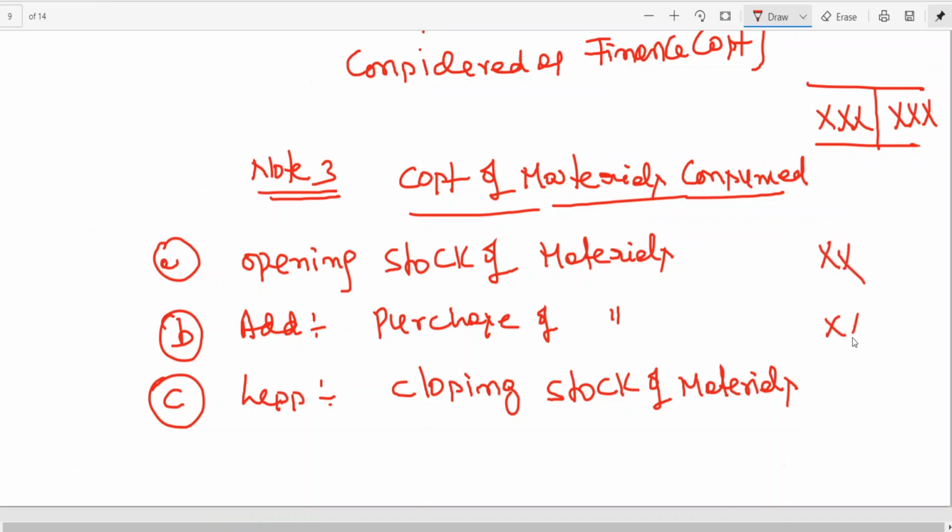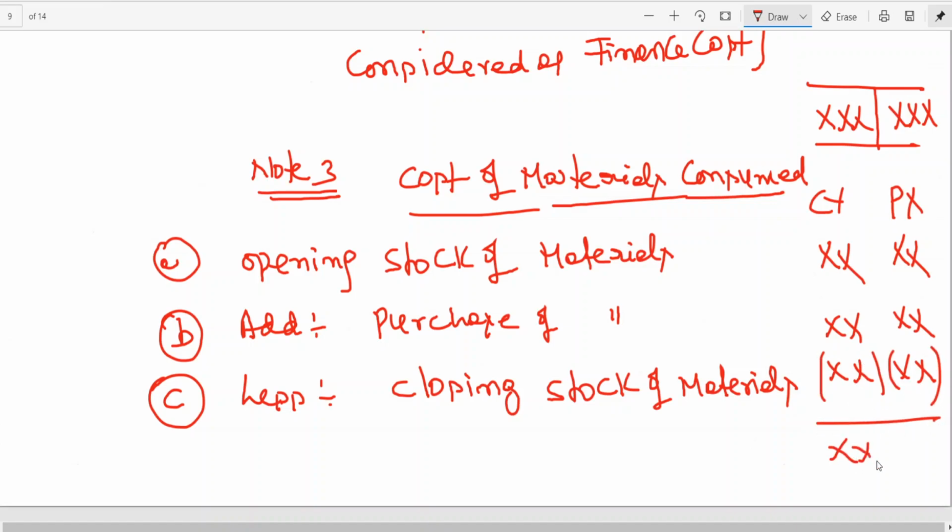Again, the first column is current year, this is previous year. Then you will be getting cost of materials consumed.